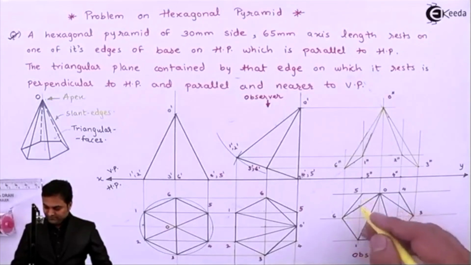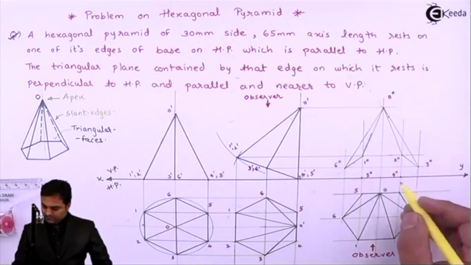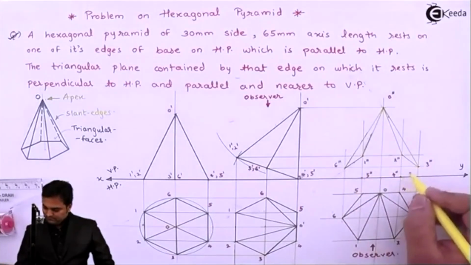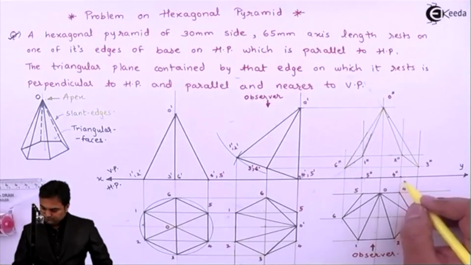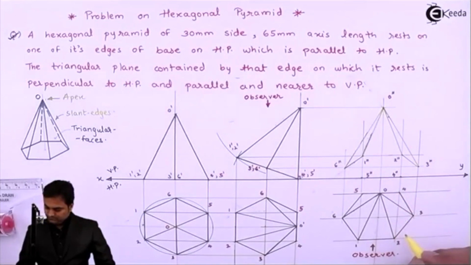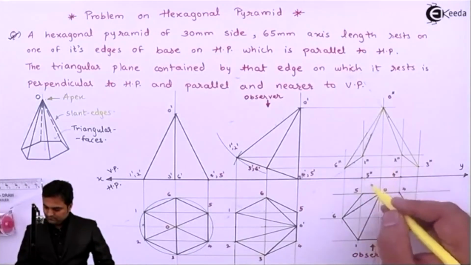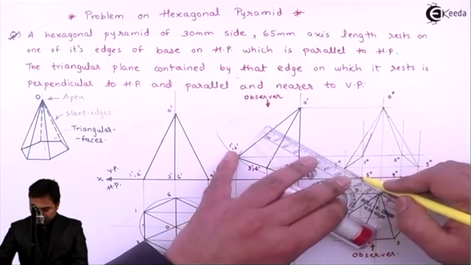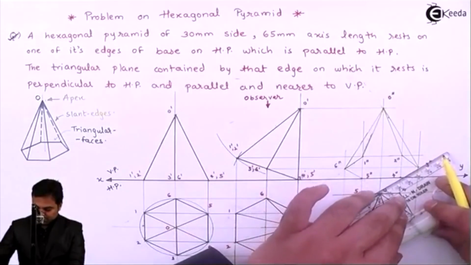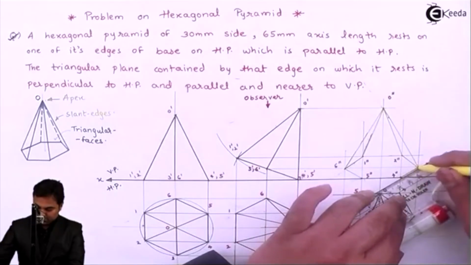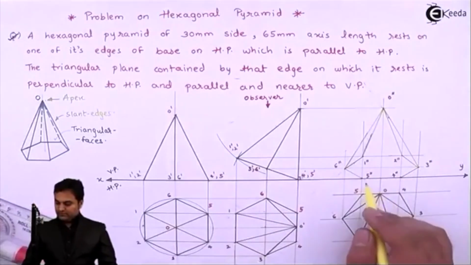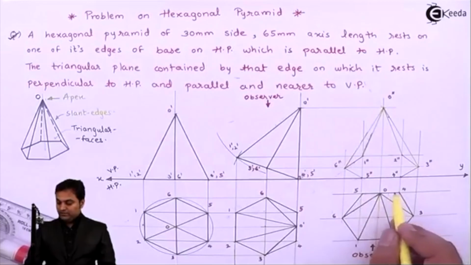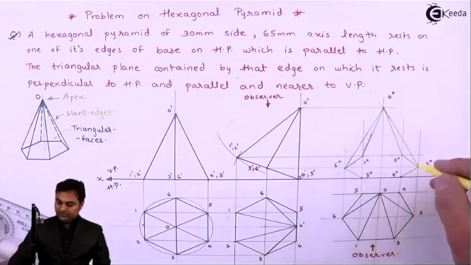After that 5 and 6, so that will also be seen because it is an outline. 5 double dash 6 double dash and 3 double dash 4 double dash. Next 4 double dash 5 double dash, this edge is away from the observer, so that triangular face won't be visible, so this will remain hidden.